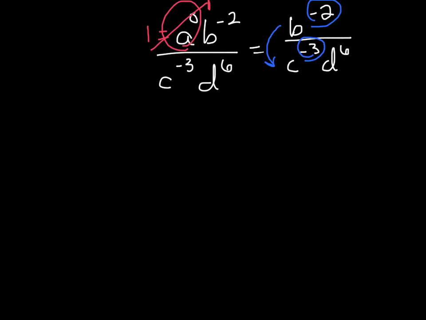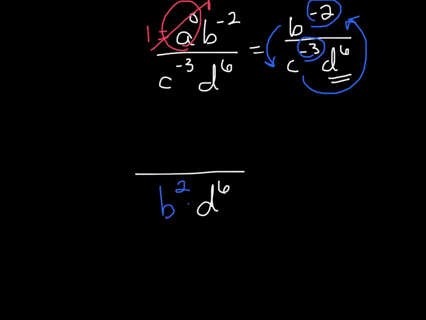And this c to the negative 3 needs to be moved to the numerator. So we can rewrite this as saying we have still this d to the 6th. Nothing's changing there. It's all positive exponents in the denominator. And then we have b squared times d to the 6th. And we have c cubed, or c to the 3rd, in the numerator.